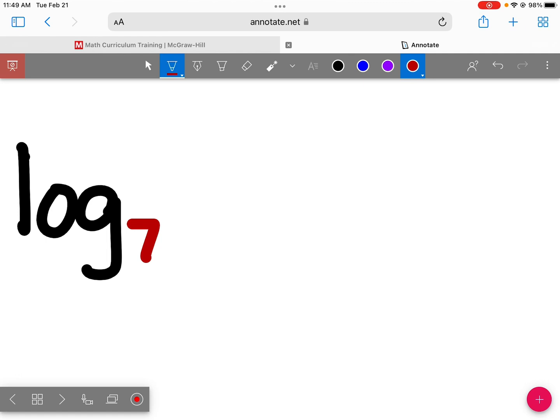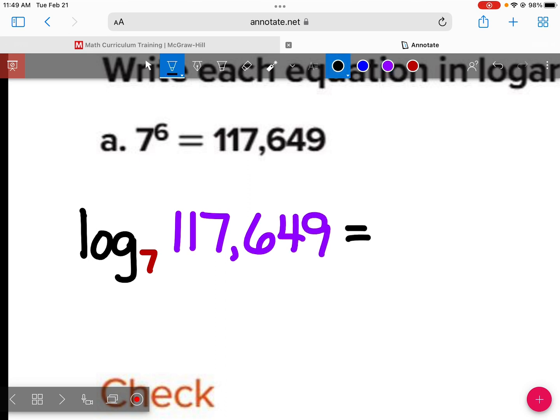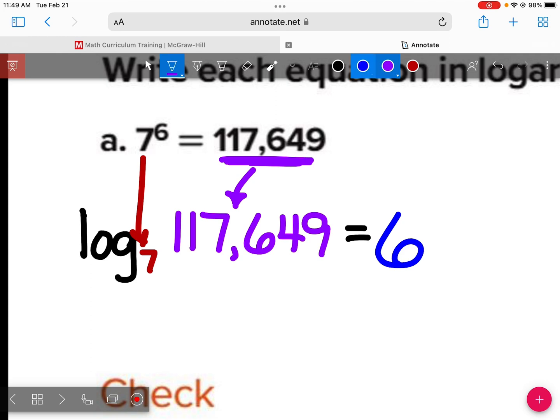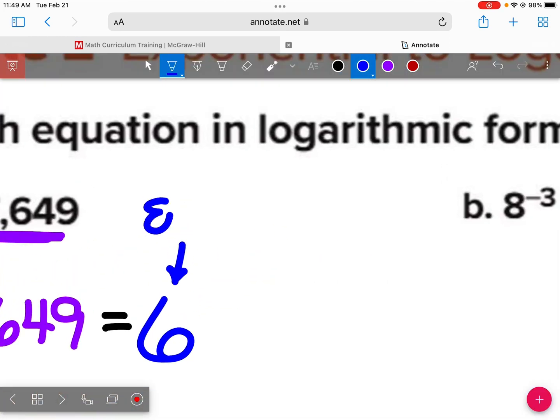What would come after that? 117,649. Yes. 117,649 equals 6. Base goes here. This part right here goes after the log and the base. And then the piece that's all alone on one side is your exponent.